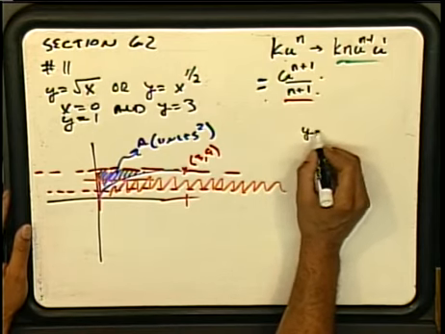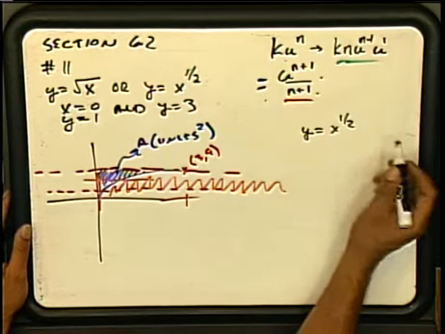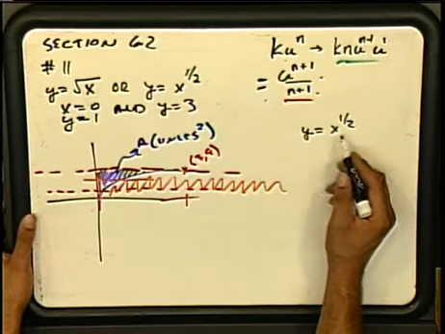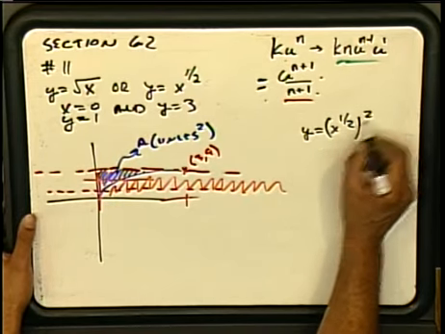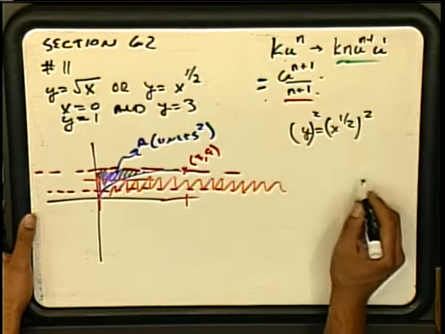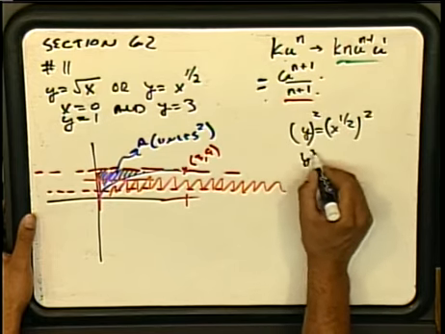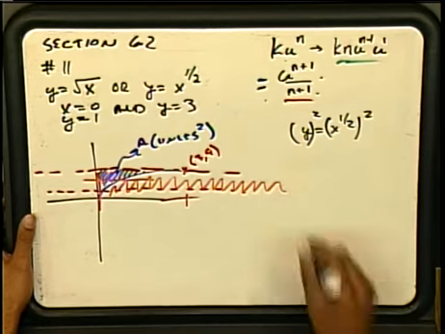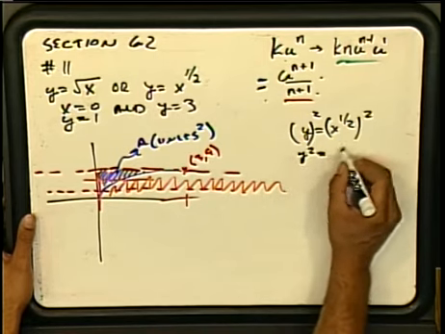So y equals x to the 1/2 needs to be solved for x. To do that, I can square both sides, and it'll be y squared equals x.